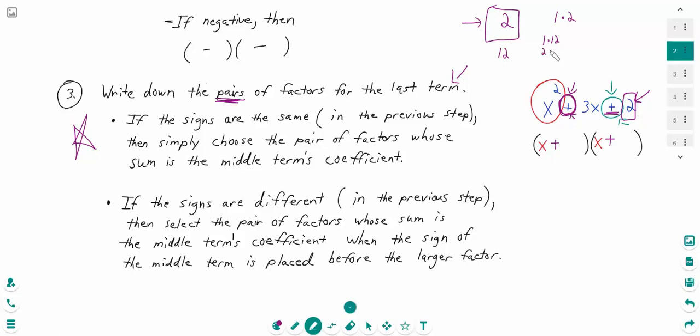I'd have 2 times 6, that would be a set of factors. I'd have 3 times 4, that would be a set of factors. 4 would work, 4 times 3, but I've already done 4, so I can stop. And so these would be the 3 pairs of factors for the number 12.